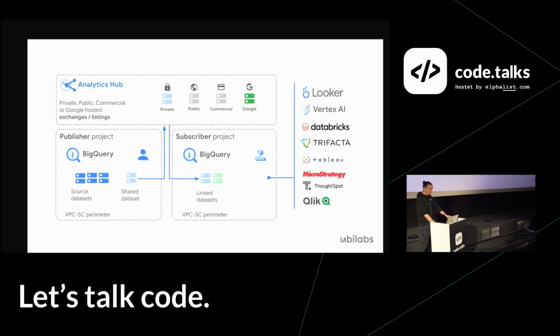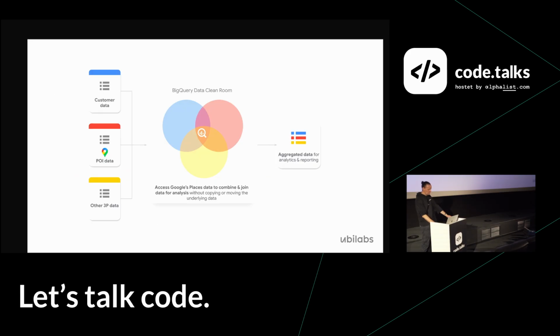And the tech behind this is something called Analytics Hub. So Google provides information in Analytics Hub from different sources, from third-party sources. You can also provide your own data sources, and then you can subscribe to your specific data sources in BigQuery and mix them together in so-called data clean rooms.